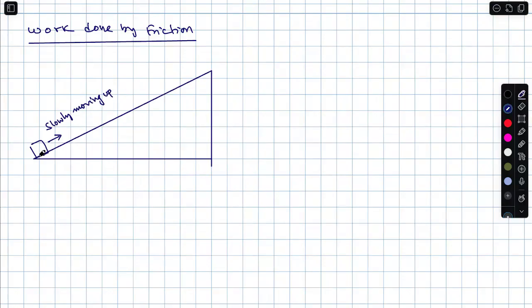So in all these cases, the friction here is... what is the work done by friction here? L stands for the length of the inclined plane. Can you please tell me what is L cos theta?